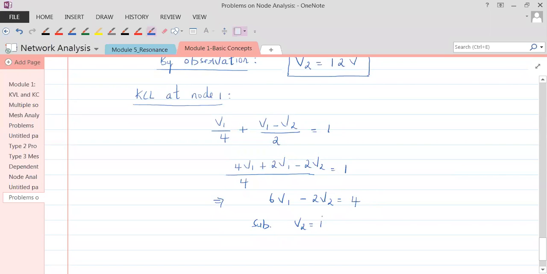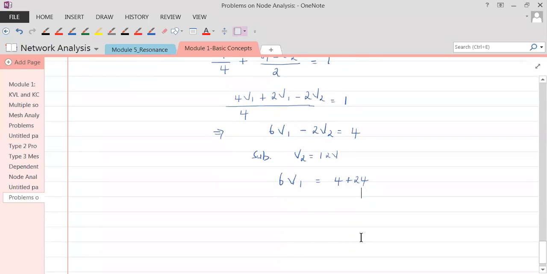Substituting V2 equal to 12 volts, what would happen? 6V1 equal to 4 plus how much is it? 12 twos are 24. So it becomes 28. So what is our V1? V1 is 9.33, you're getting.